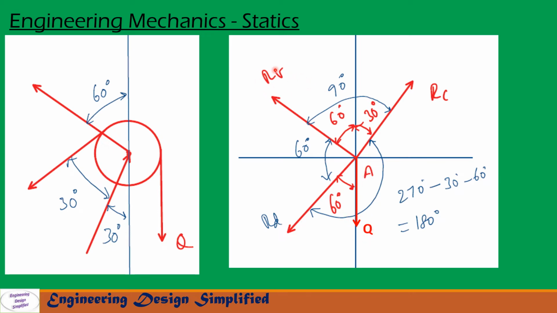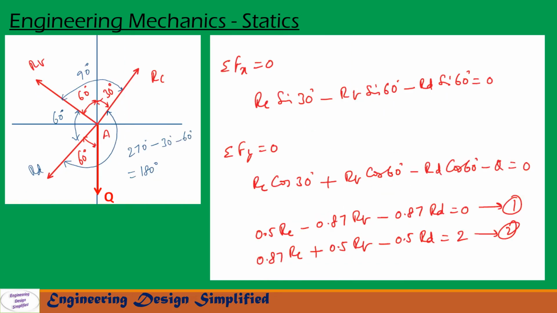The angle between RB and RC will be 60 plus 30, that is 90 degrees. The angle between RB and RD will be 60 degrees. Similarly, the angle between RD and the vertical is 60 degrees, and Q is vertically downwards.